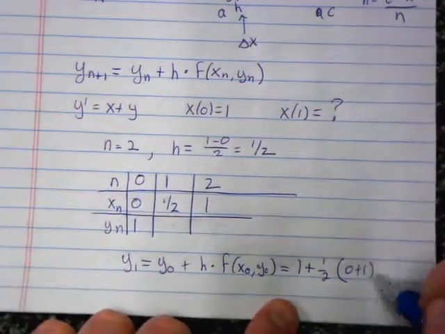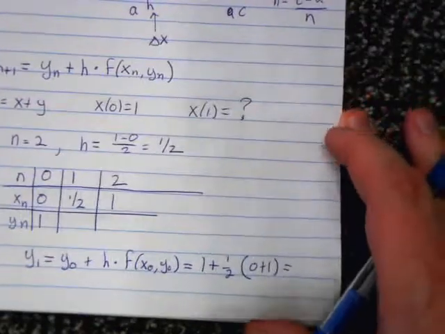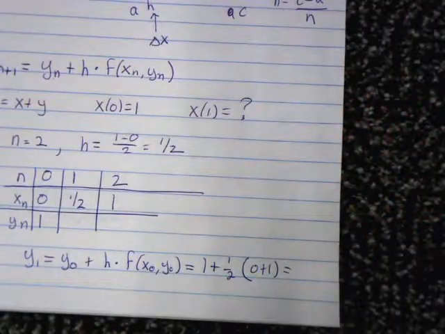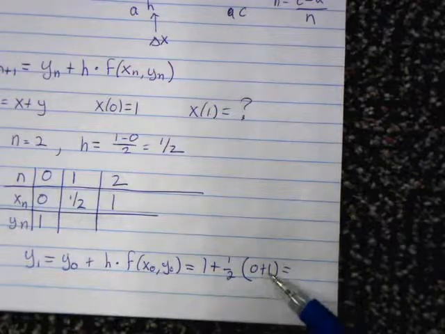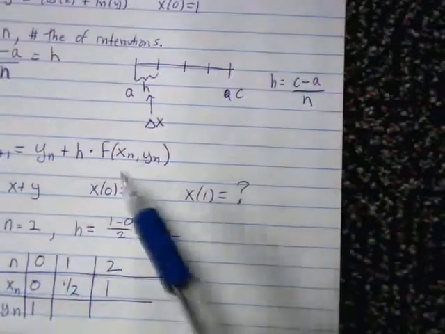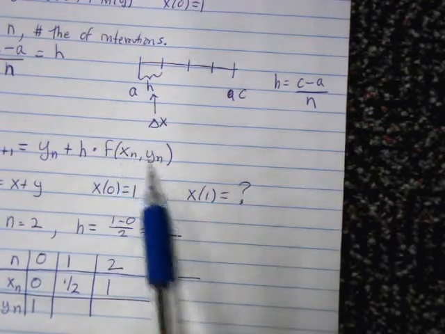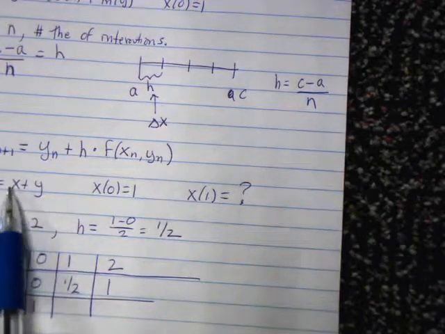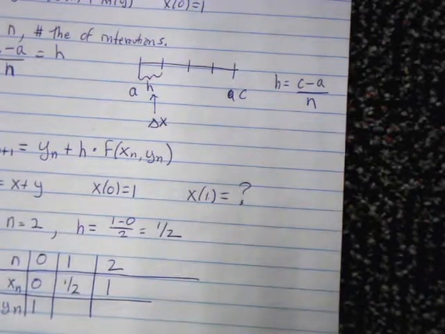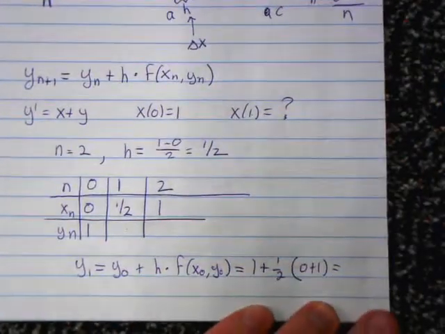So 0 plus 1. Because to compute the next y number, we take h, which was 1/2, and then we plug x and y into our function. Our function is x plus y. So I plug in 0 plus 1. All right, so I work that all out, and I get 3/2.